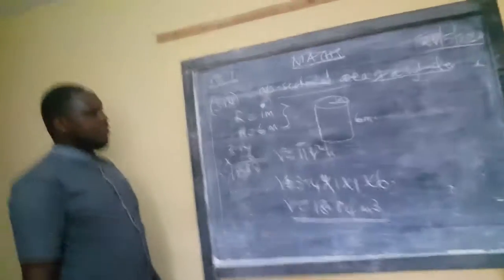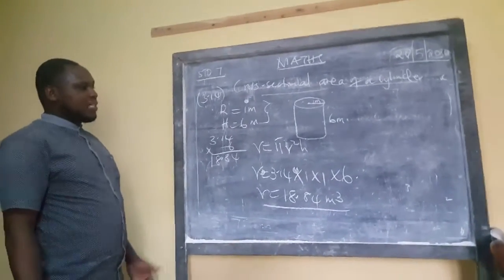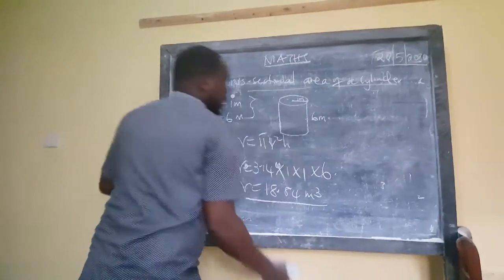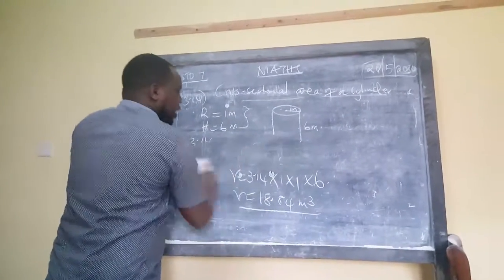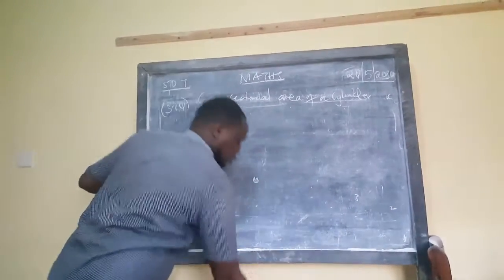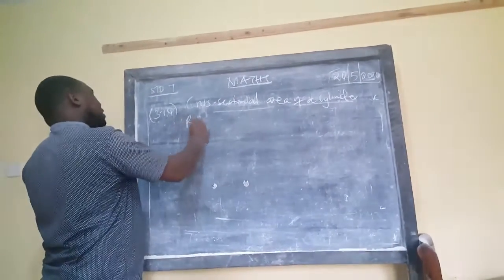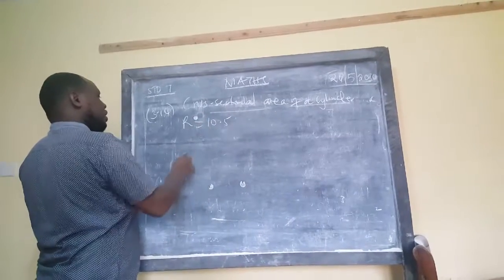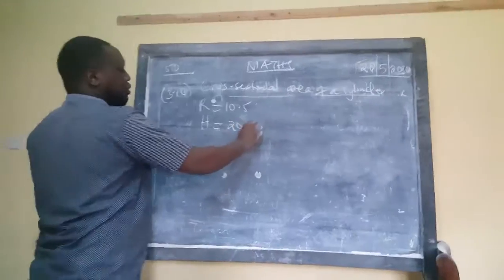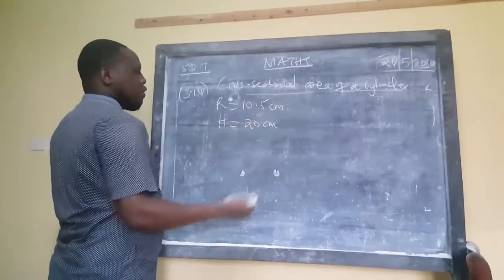Now, in case you are given a radius that has some decimals, let's see what you're supposed to do. Another question here, you are given that the radius is 10.5 and the height is equal to 20 centimeters. All these are centimeters. What is the volume?